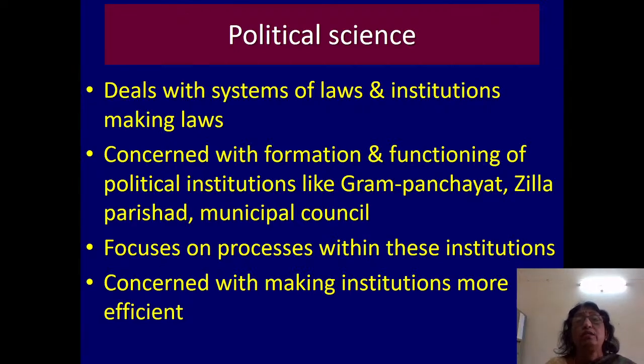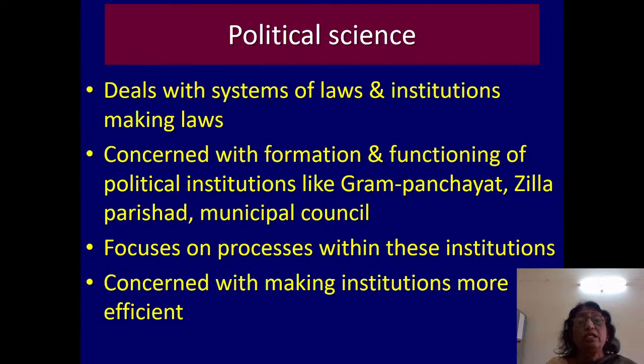It is an order which everyone has to obey. And there are institutions for making laws. What are the institutions? Mainly it is the judiciary, which makes the laws. So coming to the formation and functioning of political institutions, when you look at our Indian rural system, wherein 70% of the population lives in the villages, we have the Gram Panchayat at the village level.